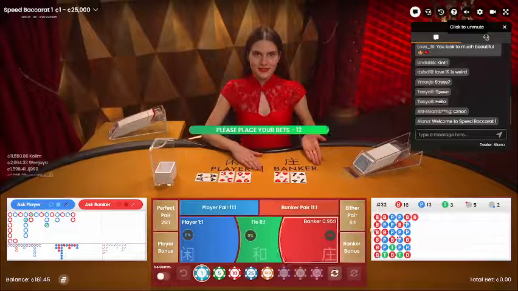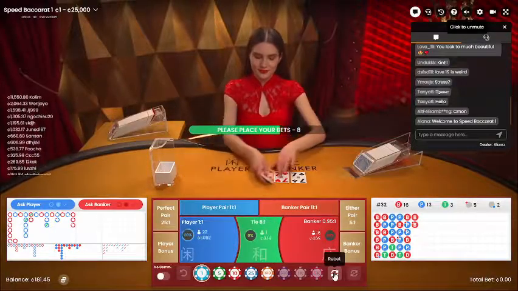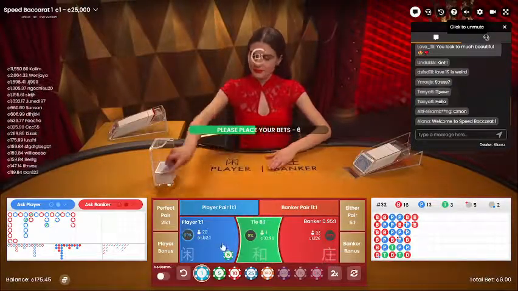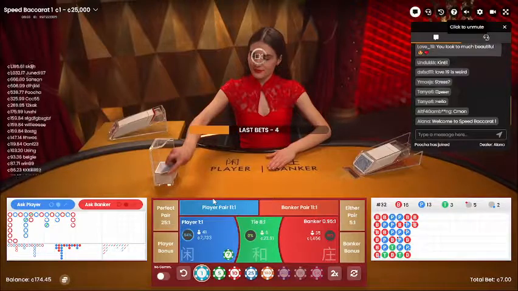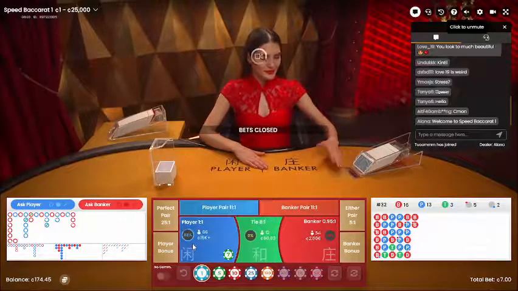Okay, so we lost our second bet. We go to our third bet. So repeat, double and add 1 unit. So we are on our third bet with 7 units.